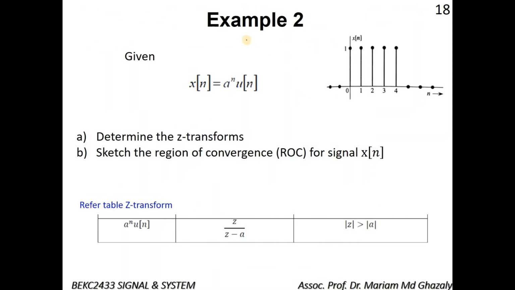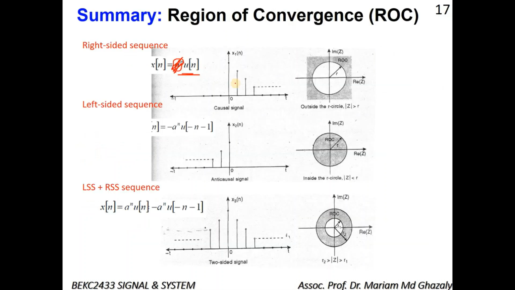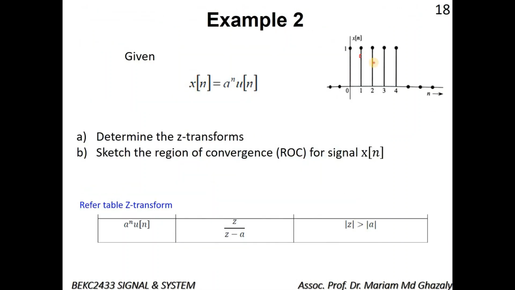Okay, so let's go to the second example, where you have a signal with a^n u[n]. Maybe the signal is not a step signal like this, but you have a value decreasing like this, a^n u[n].